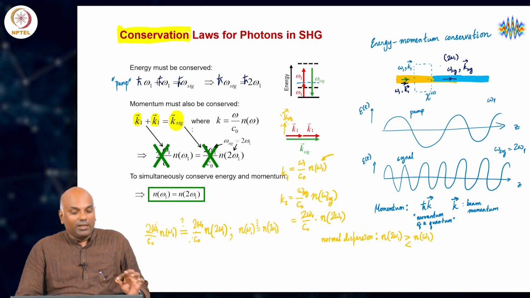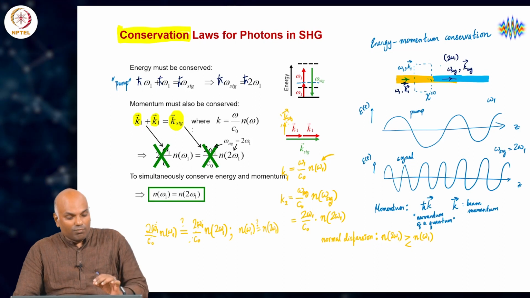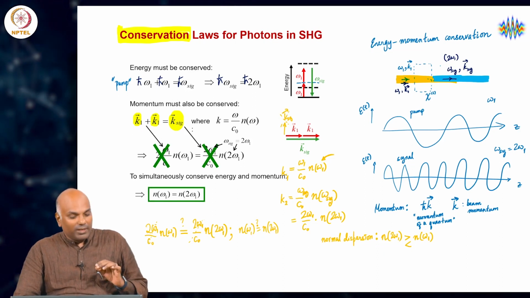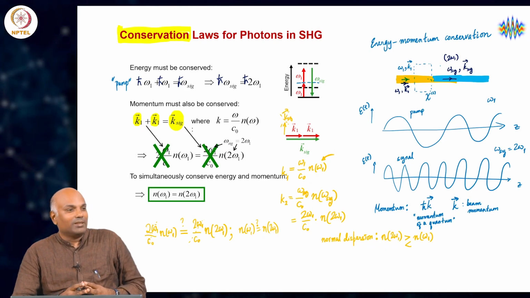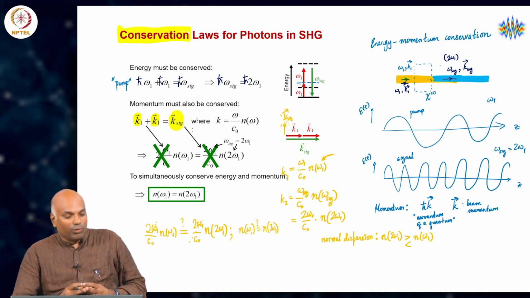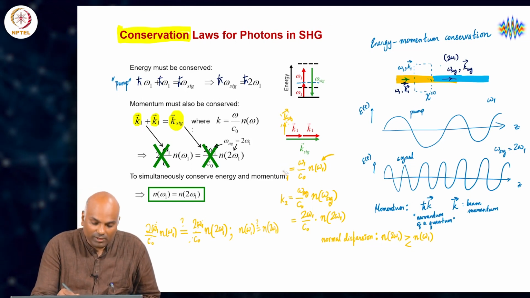So, simultaneous conservation of energy and momentum, the conservation of momentum particularly, would necessitate that we now find media where the refractive index at omega 1 is equal to the refractive index at twice omega 1.